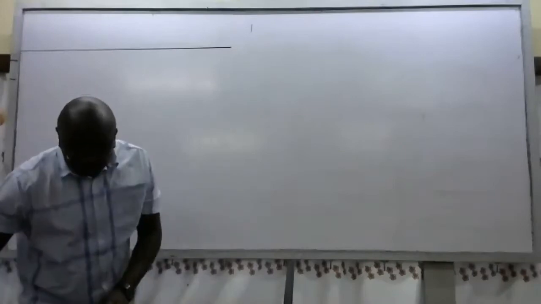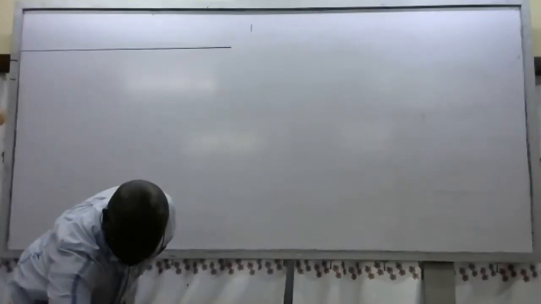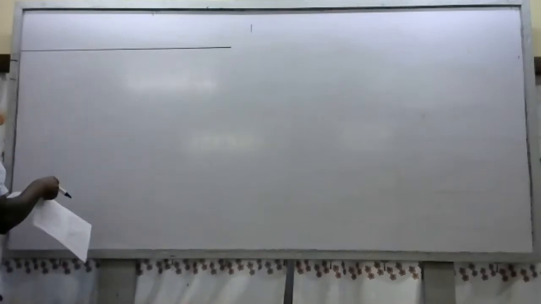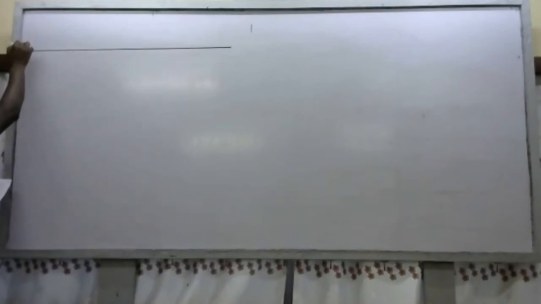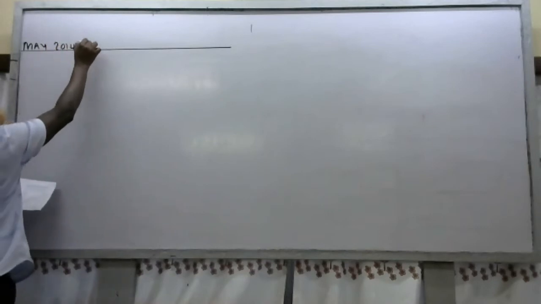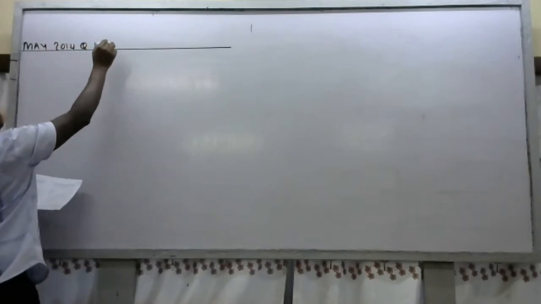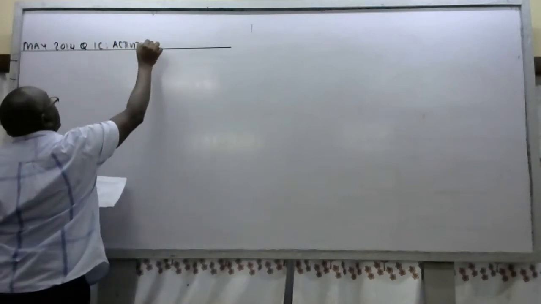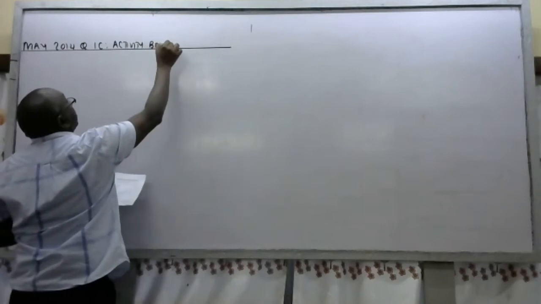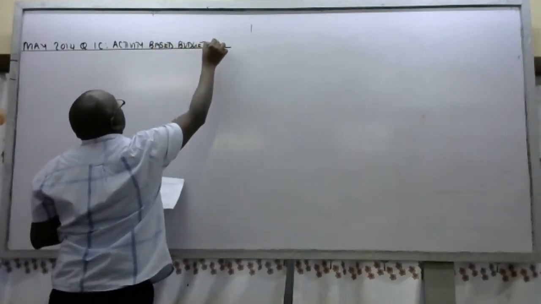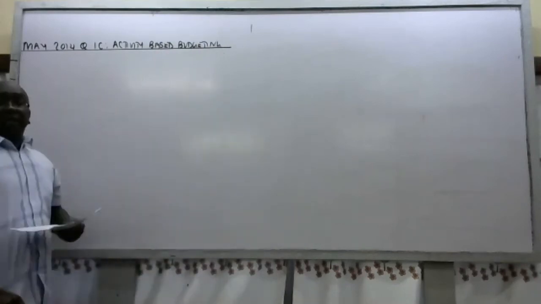So that question of May 2014, Question 1B, 1C is on activity-based budgeting.